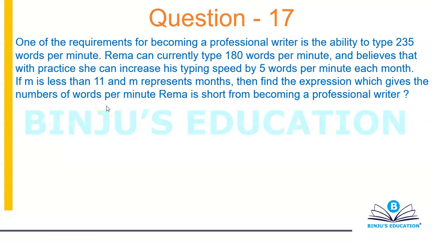One of the requirements for becoming a professional writer is the ability to type 235 words per minute. So the requirement that we have is 235 words per minute.